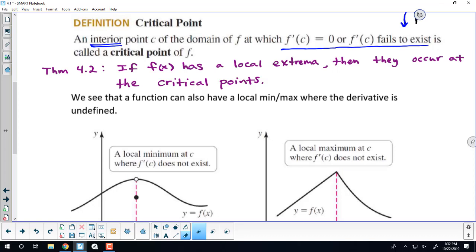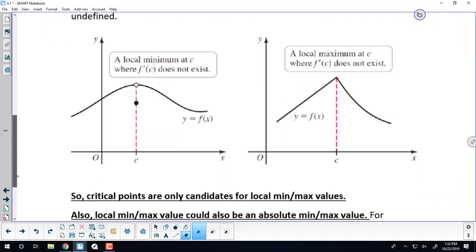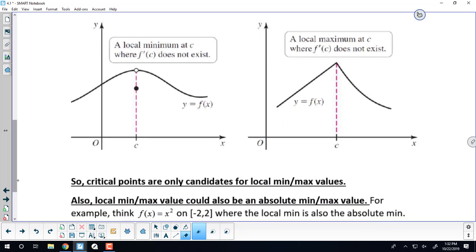Again, think about the graph of x cubed. So as it says below, critical points are only candidates for your local maximums or your local minimums. Also, a local max or min could also be the absolute max or min.